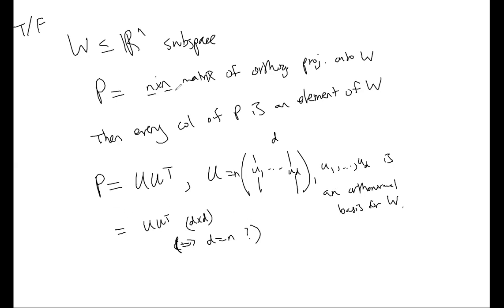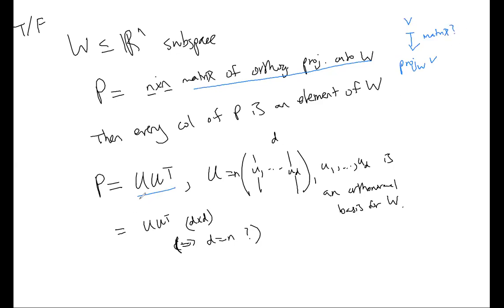Yeah, so this is what it means. When we say matrix of orthogonal projection onto W, we mean this matrix. The orthogonal projection is a linear transformation, and so we're just taking the matrix of that linear transformation. It's the transformation which sends a vector V to the orthogonal projection onto W of V. And what is this matrix?